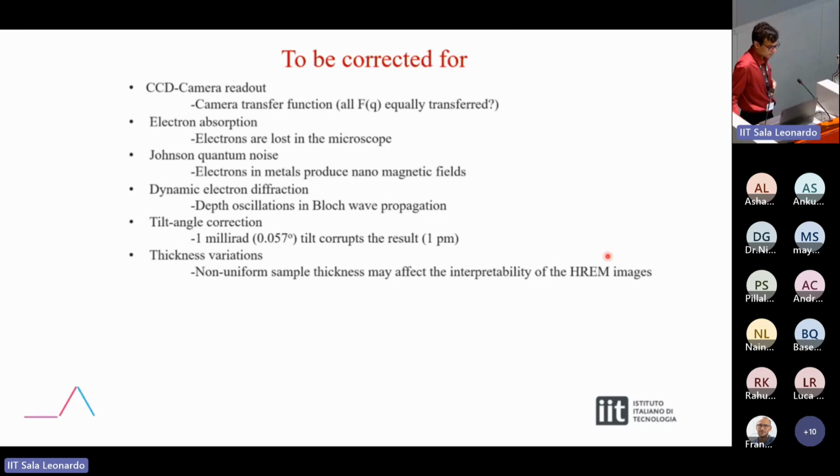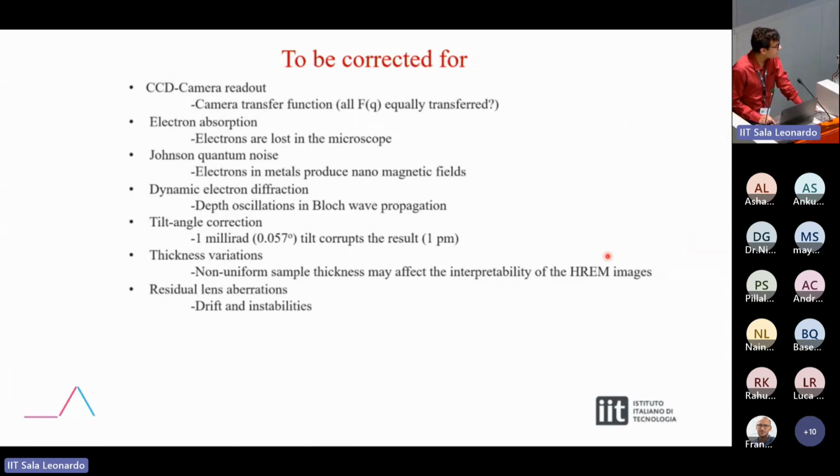It's called the Fourier period. At some thickness, you will see the atoms with bright contrast and the background dark. At other thicknesses, you see atoms black and the background white. So if you have thickness variations within your sample, then the interpretability of your images is going to get bad.